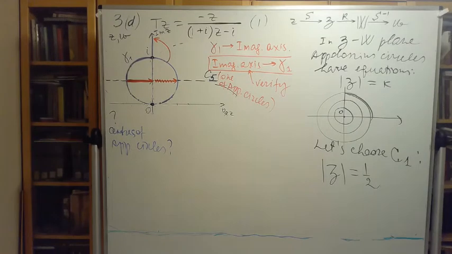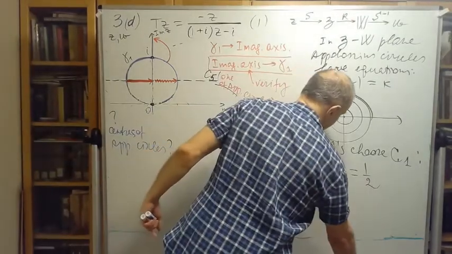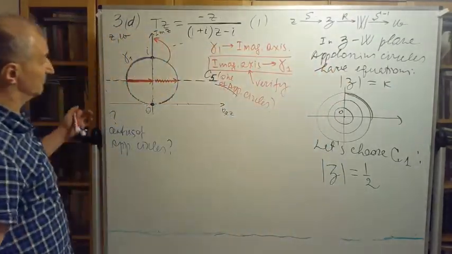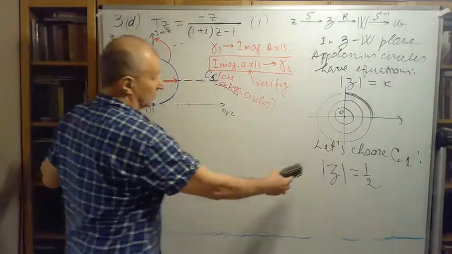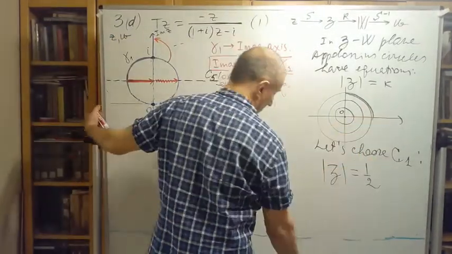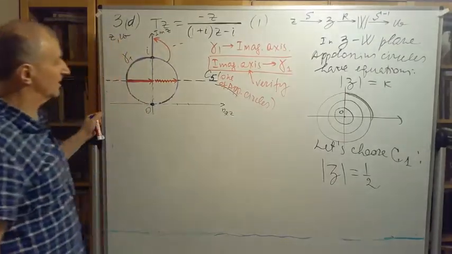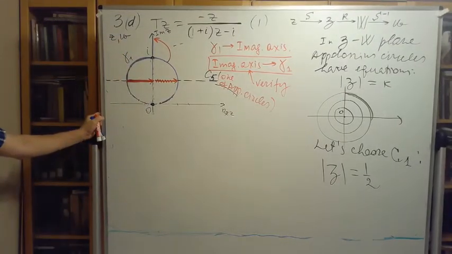Take a number. Don't take number 17 because calculations will be difficult. Take some easy number. If you want, you can take modulus Z equals K and perform calculations, but I would prefer to take a specific number.